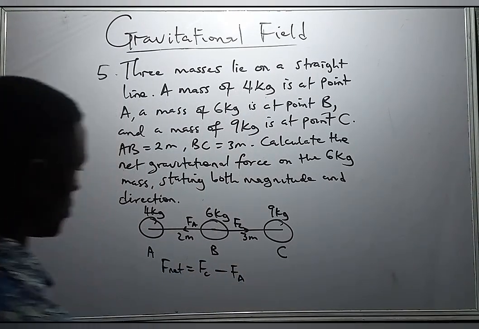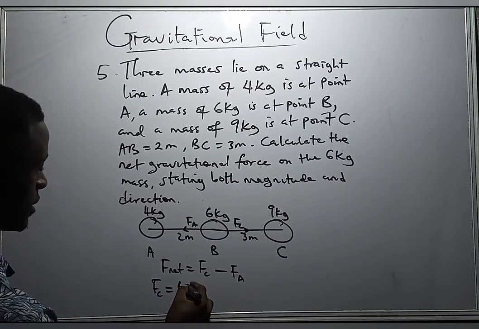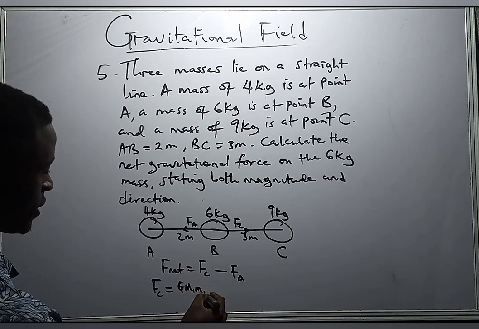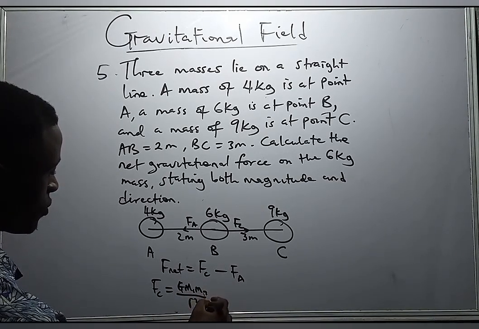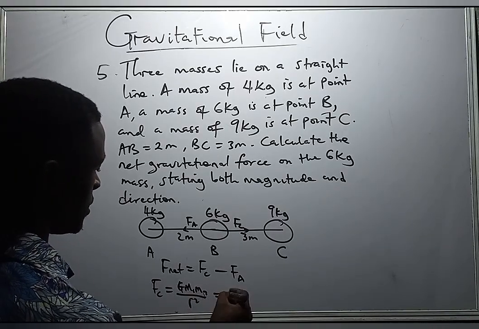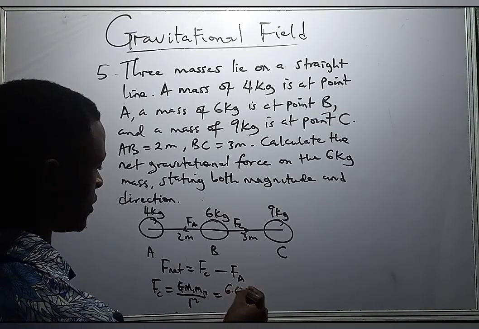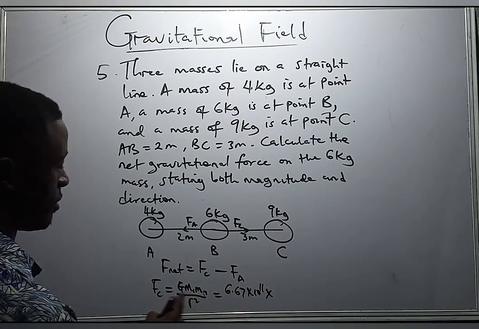So I want to calculate FC first. Remember that gravitational force is G m1 m2 over r squared. So now I can write G is 6.67 times 10 raised to power minus 11 times m1. Remember, I'm calculating FC.